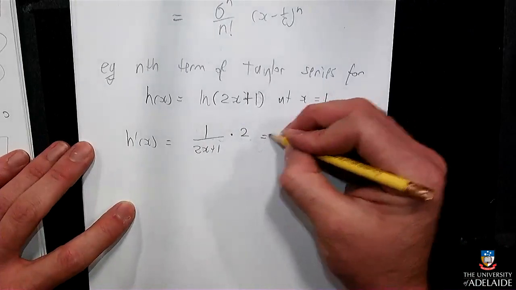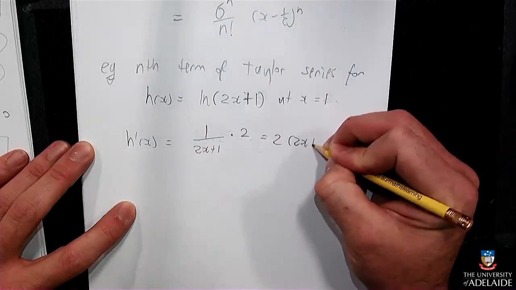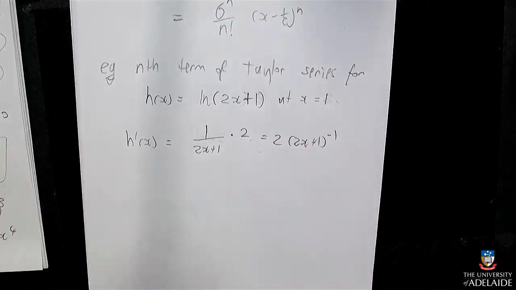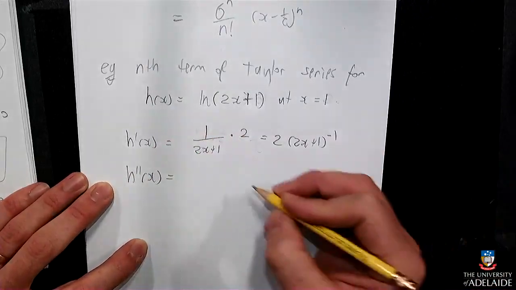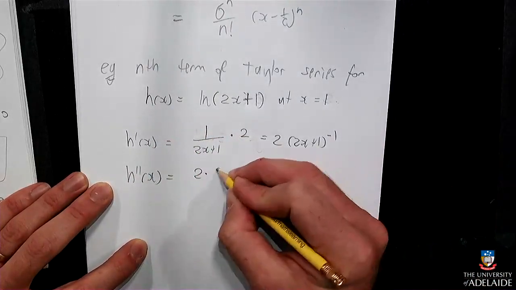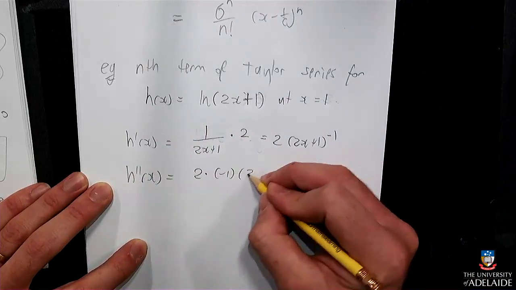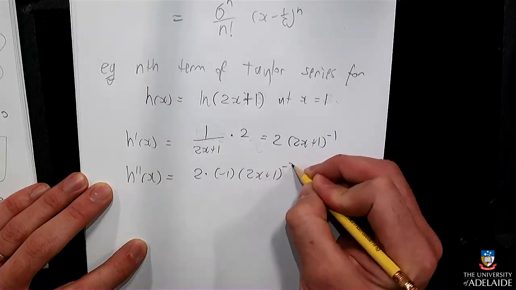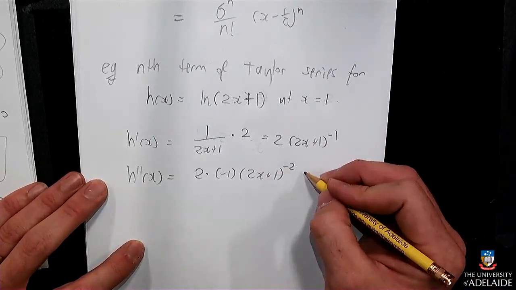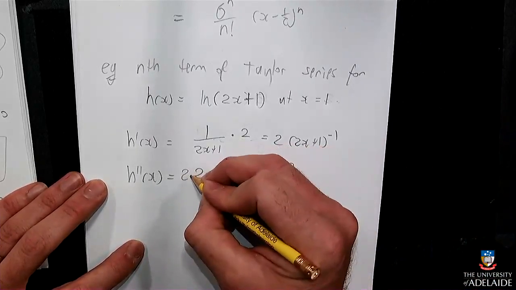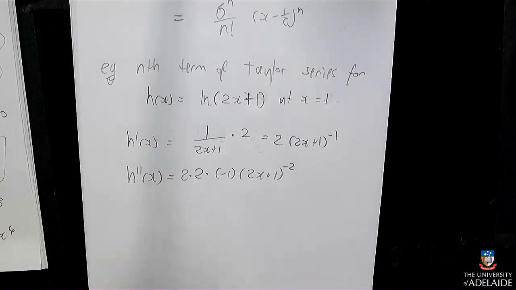And I'm about to differentiate this, so I reckon it's going to be easier for me to do that. Okay, and the next derivative, so the 2 will still be there, the minus 1 will come down, and that'll be a minus 2, and then I'll have to multiply by another 2, which I'm going to put over here because I reckon it will be useful to keep them together.